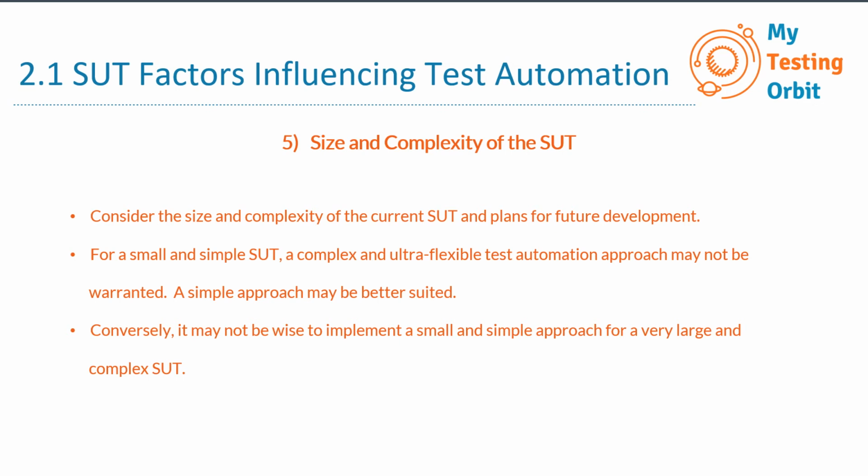Right. So whenever we are planning testing for any SUT, of course, we see what's the current size and complexity of that system. But we also need to take into account what kind of changes may happen in future, how that system will evolve, because based on that, we need to make sure that our test automation solution also works for that.